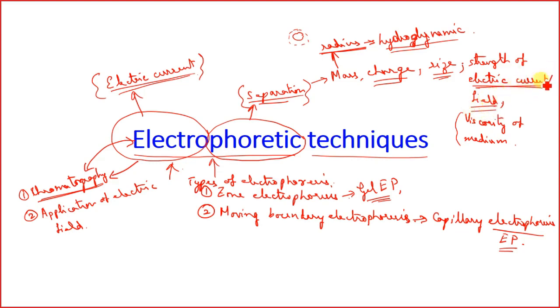Electric current is always associated with the electric field, because V is directly proportional to I, right? So you may say you are applying an electric field or an electric current, both are the same thing.